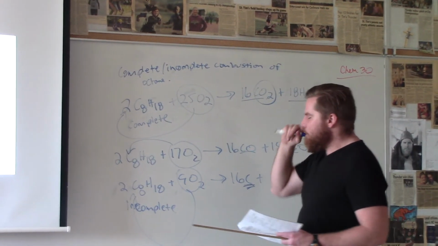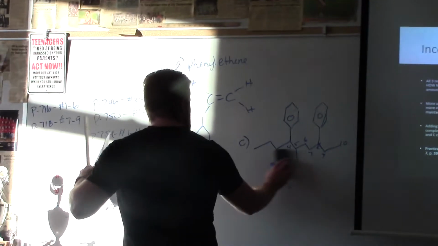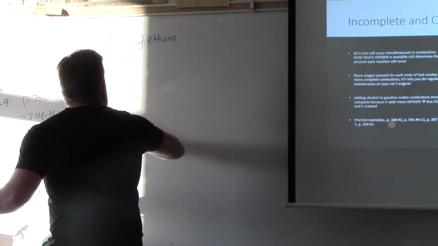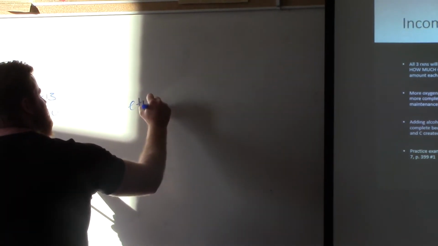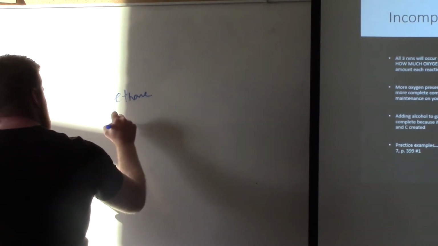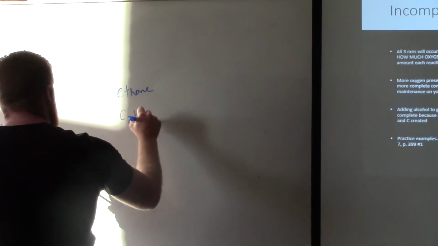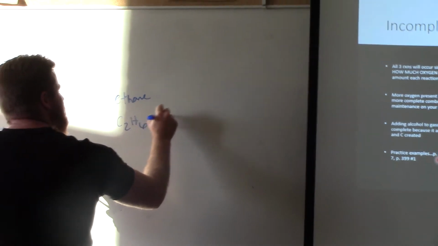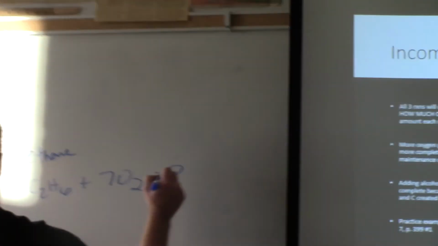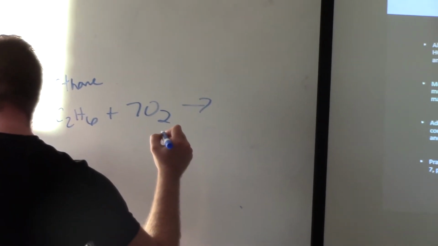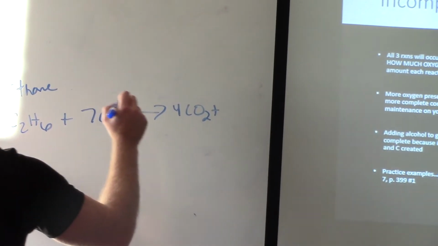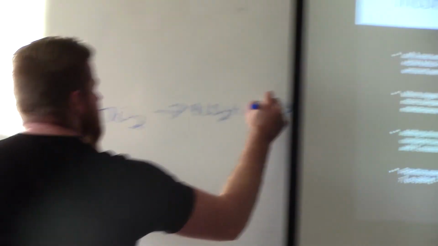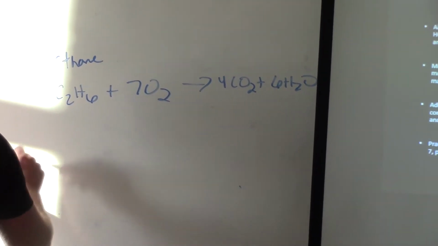And this is why we also add alcohol to hydrocarbons that we burn. So if we look at ethane, C2H6 plus 7O2 makes 4CO2 plus 6H2O.